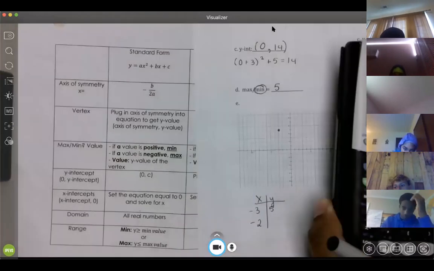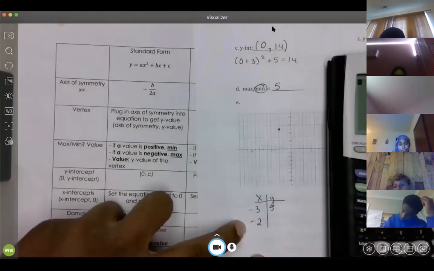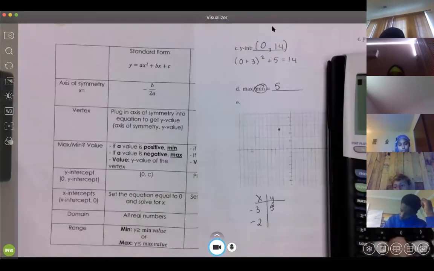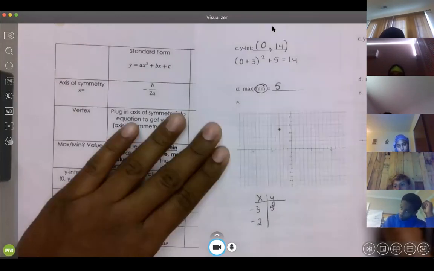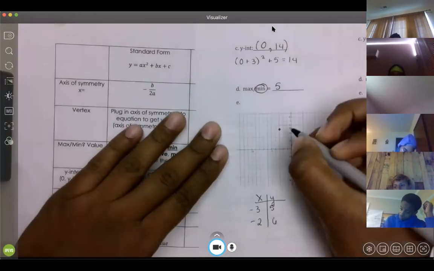To find the y value, I'm going to plug -2 back into my original equation. So it's going to be -2 plus 3, close your parentheses, and then square it, plus 5. And that's going to give you 6. So -2, 6. I'm going to go ahead and plot that.